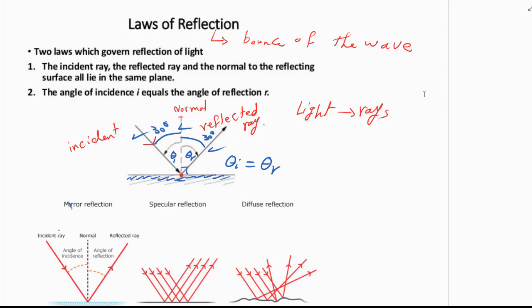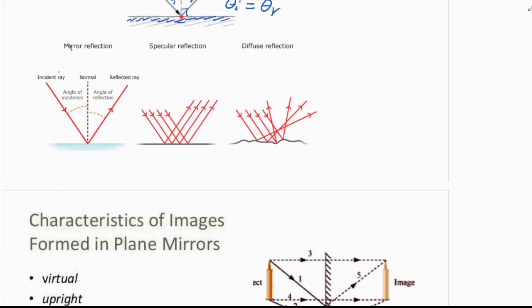Actually, we have two types of reflection. The first type of reflection is called regular reflection, and the second type is called diffuse reflection.